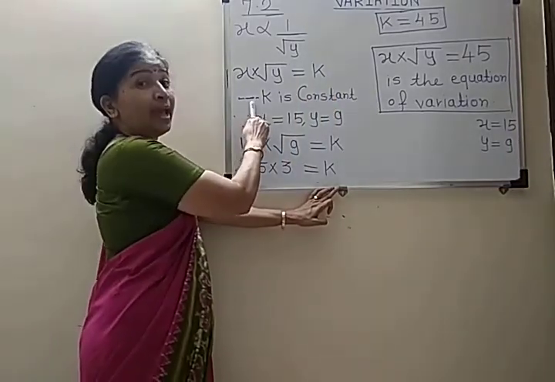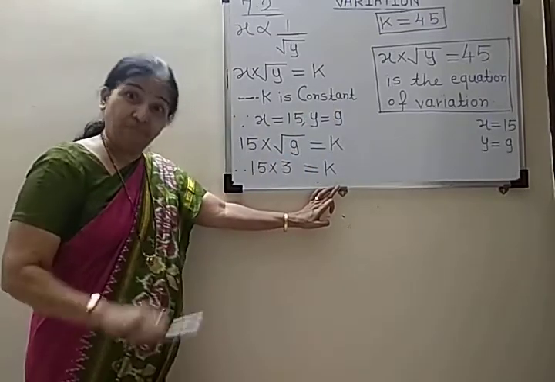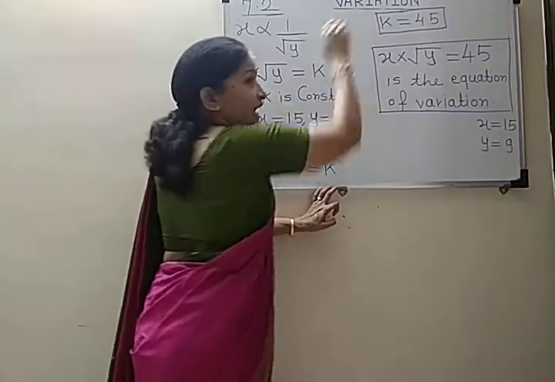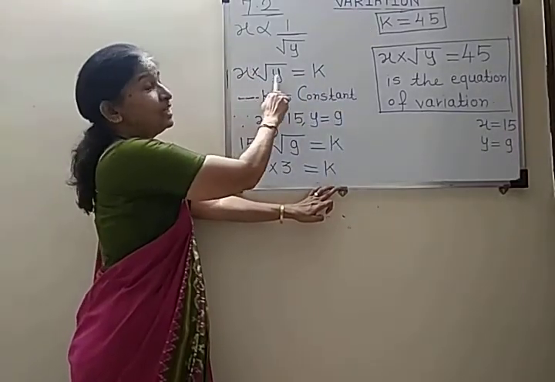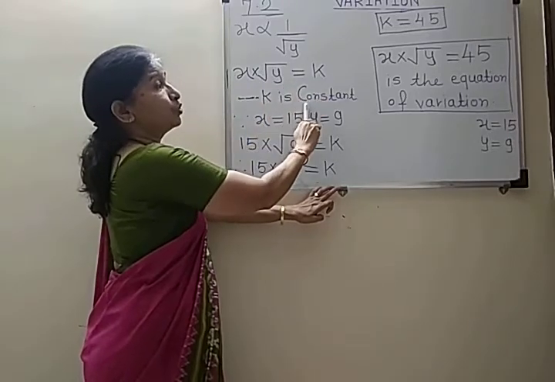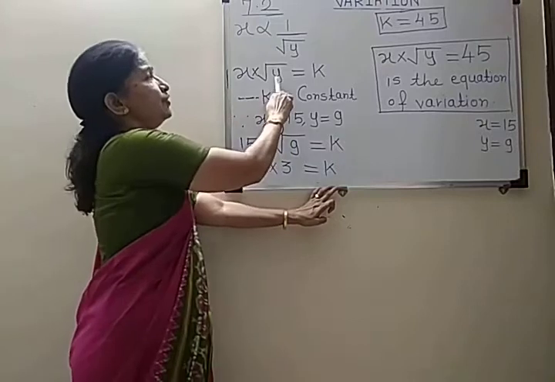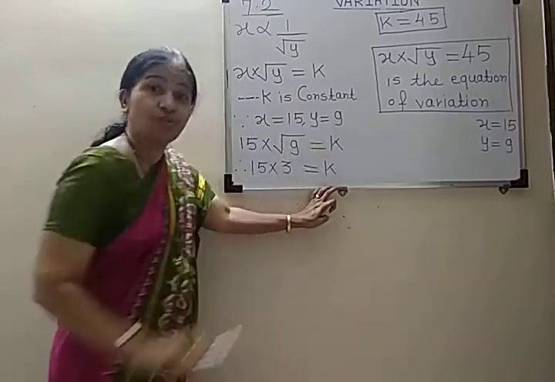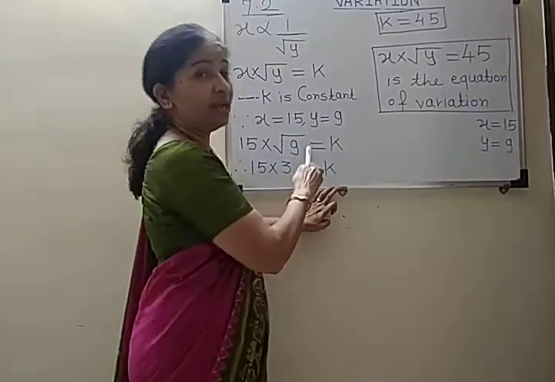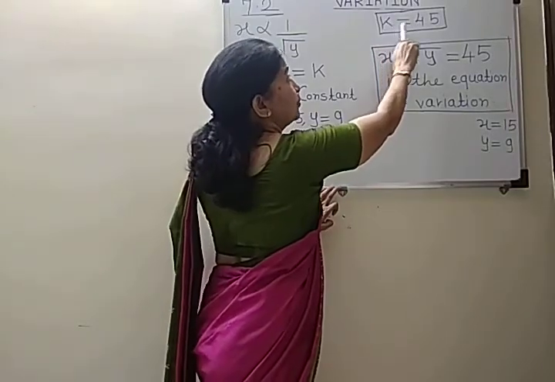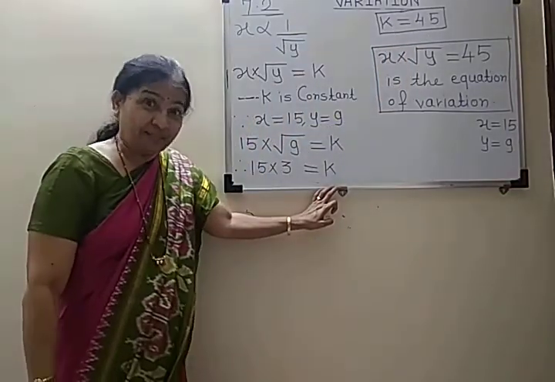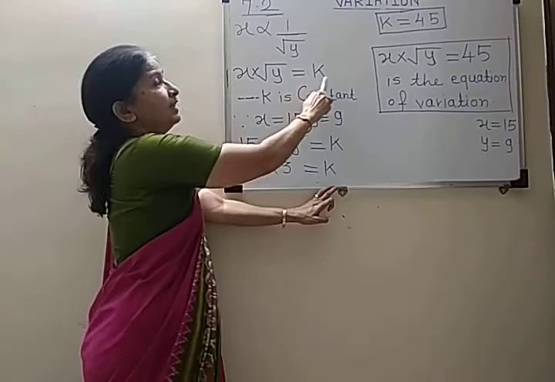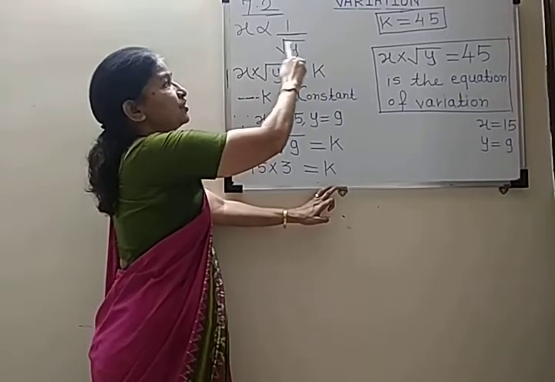Here I wrote k is constant. Means here I am telling them that in inverse variation, always multiplication is constant. Then I substituted the value of x also, y also, and in this way I got k constant as 45. Then I wrote equation of variation. For that I use this second step.